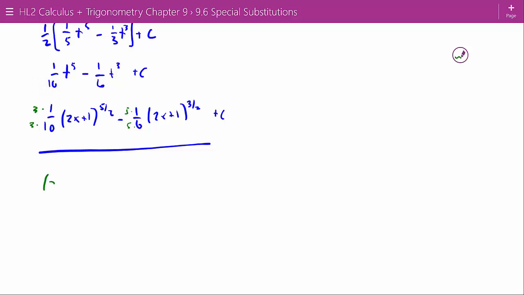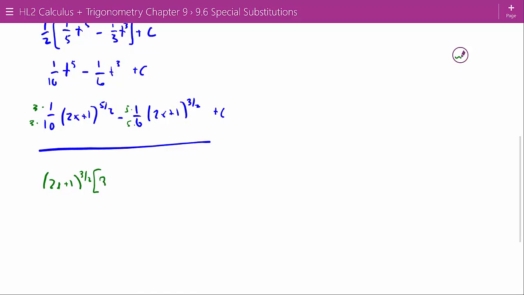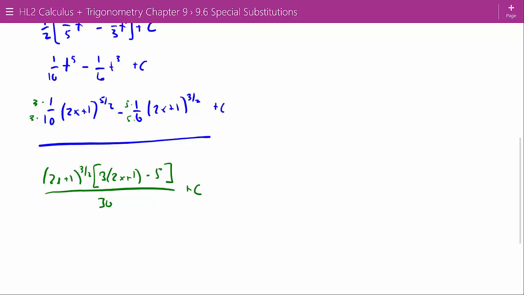And I'm going to take the 2x plus 1 to the 3/2 out. And what I'm left with is 3 times 2x plus 1 times 5. And this is all over 30. And of course, we're adding our good friend c. And then doing a little bit more cleaning, a little more simplifying.